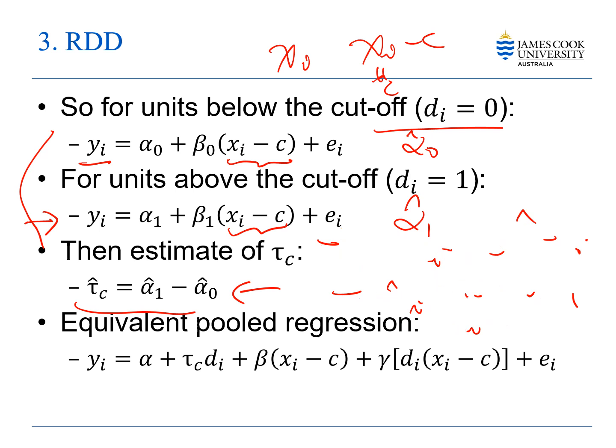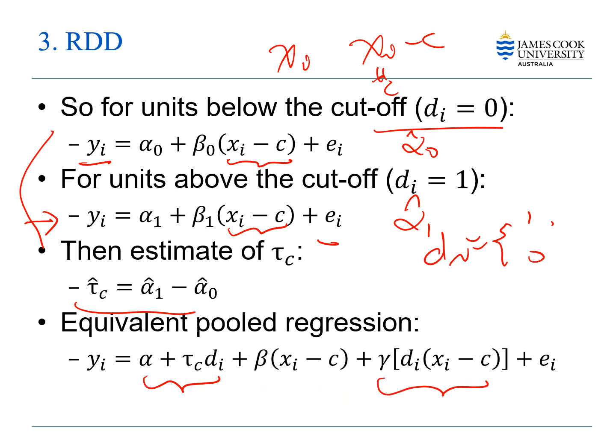Now we run regression across these two groups, above the cutoff and below the cutoff. We can pool them together using an indicator. Remember we have di equal to 1 above the cutoff and 0 below the cutoff. So we can combine this, allowing the intercept to be different, and also include the interaction terms to allow the slope to be different.